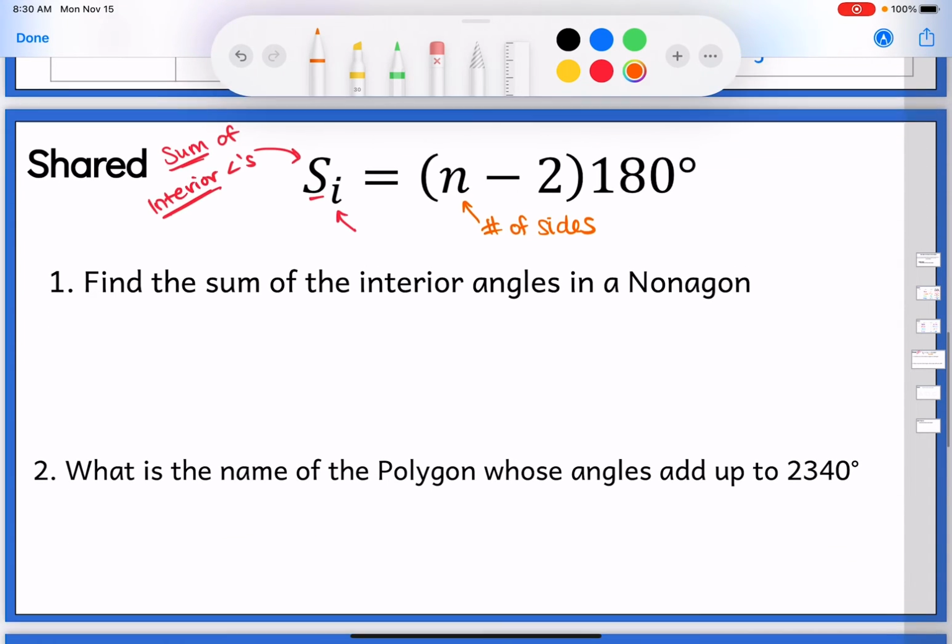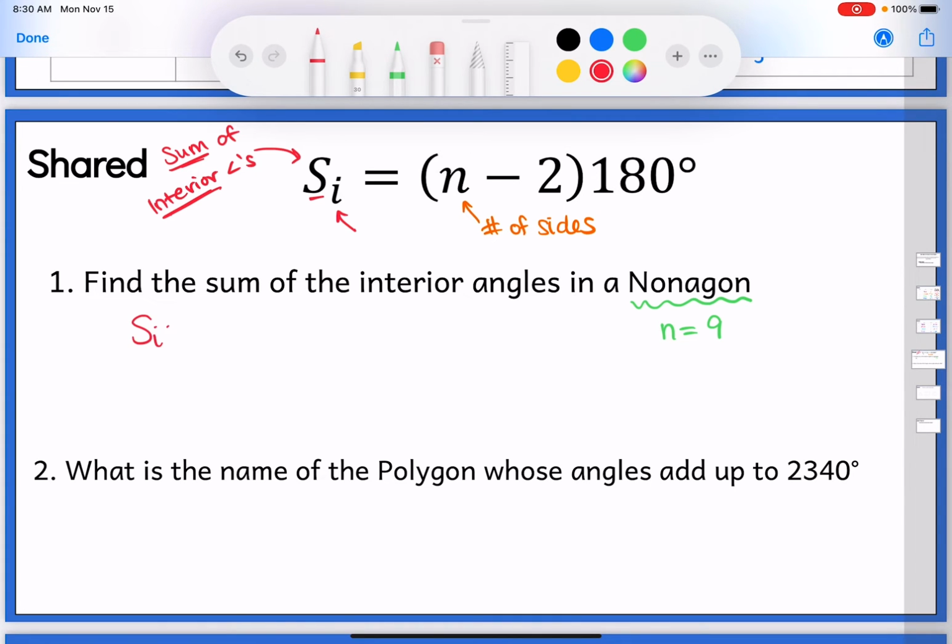So here we go. Here's some practice ones just using the formula so we don't have to draw the pictures and all that stuff, right? So here it says, find the sum of the interior angles of a nonagon. How many sides does a nonagon have? A nonagon has 9 sides. So I'm going to take my formula here, right?